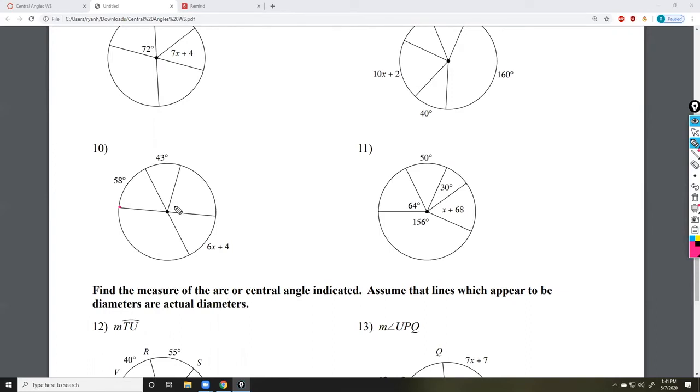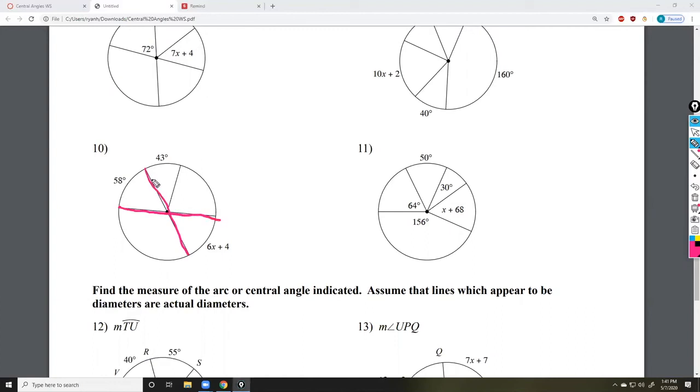The last thing that you might be looking for, and I had one of these in the notes, is that you can have a straight line here, and a straight line here. So I've got two different diameters.